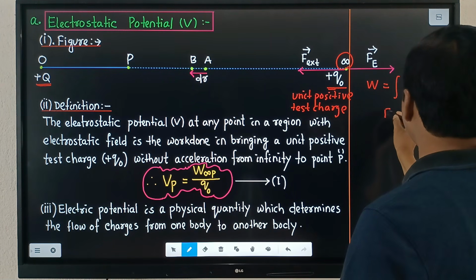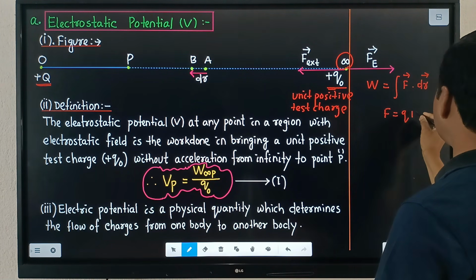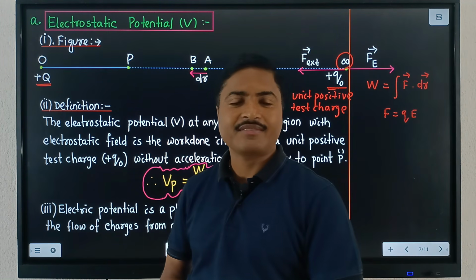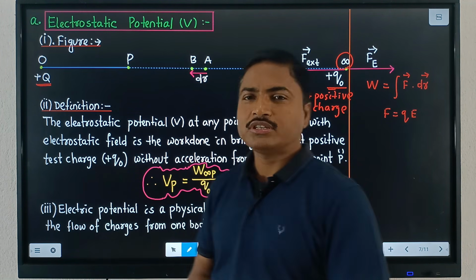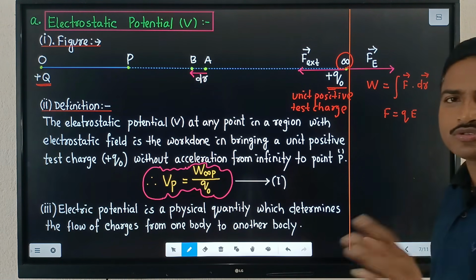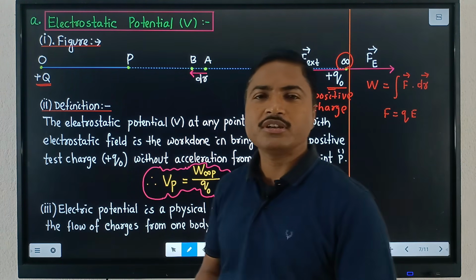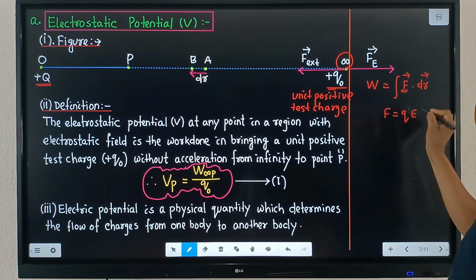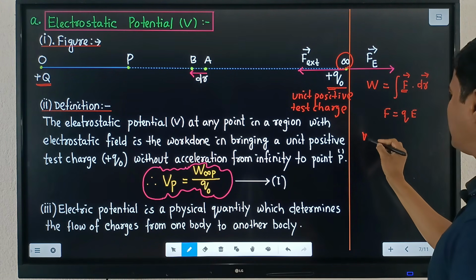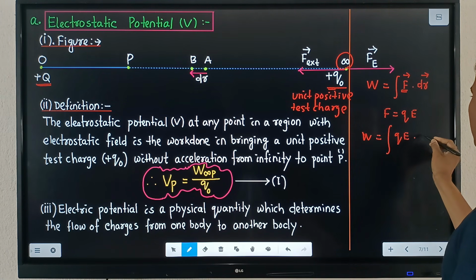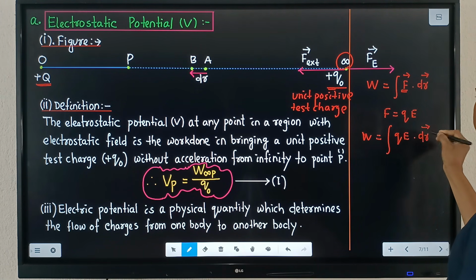Electrostatic force F is equal to charge multiplied by electric field. Charge means here the test charge, not the source charge. Q multiplied by E. That means if we write Q into E in place of F, then work done W is equal to Q E dot dr vector.